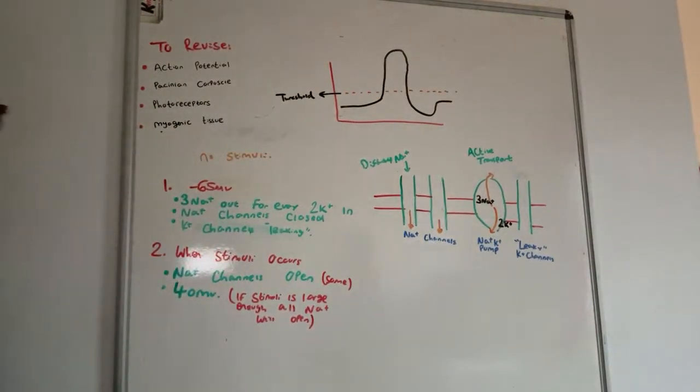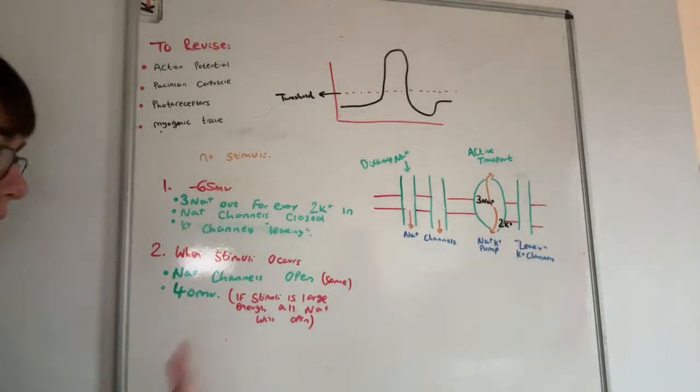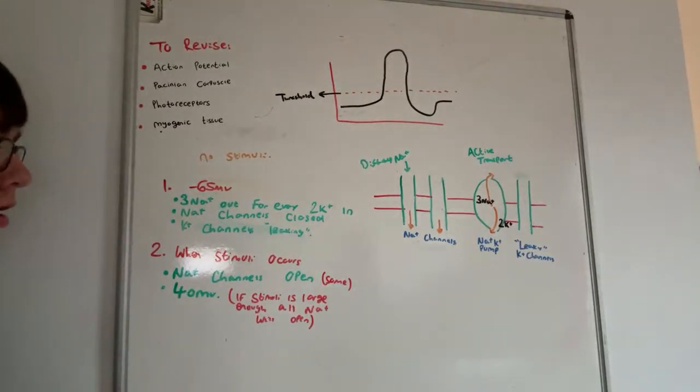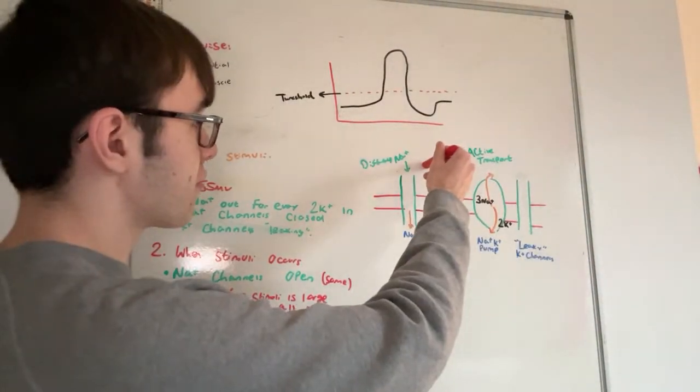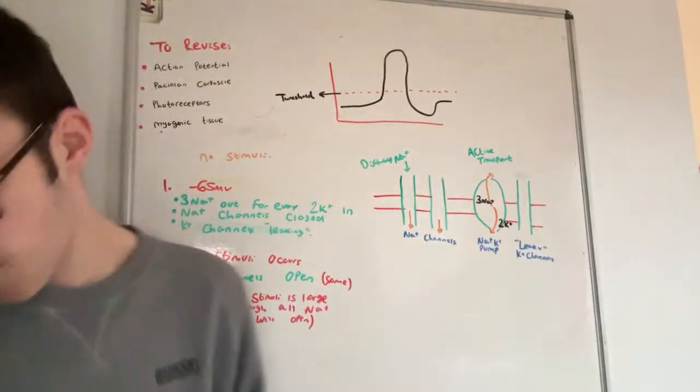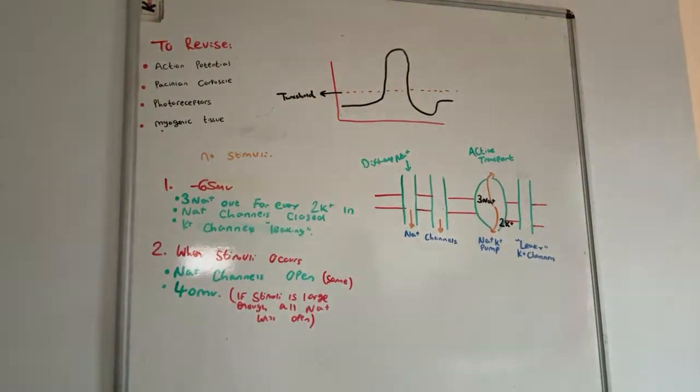So there you go. So when a stimuli occurs, these sodium channels are going to open, but only some. But if the stimuli is large enough, then all sodium ion channels will open, which will allow you to reach the charge of 40 millivolts. And that is because sodium is going to diffuse from outside the cell into the cell, down a concentration gradient.